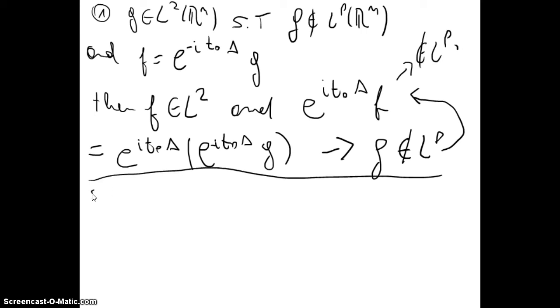Okay, so that's for the first one. What about the second one? So we had an f in H^s that is not in H^{s'}, and s prime is bigger than s. Well, this will follow from the fact that the family of operators, well, it's a unitary group in H^s.